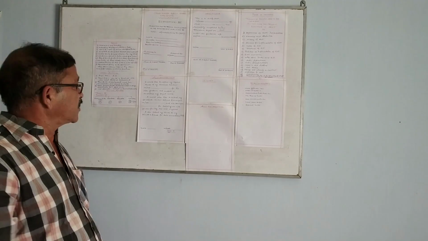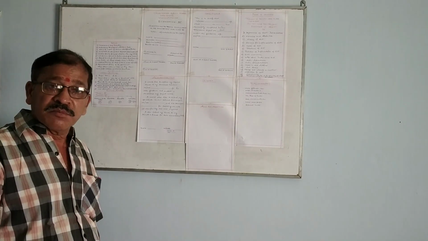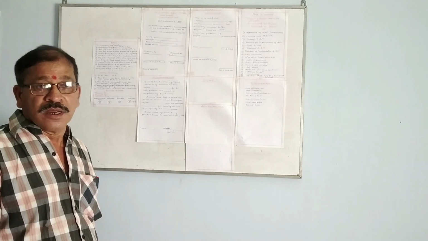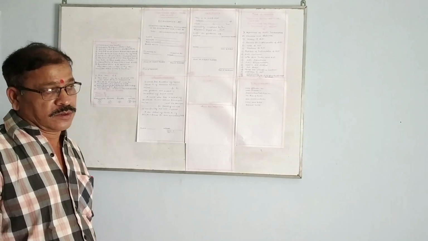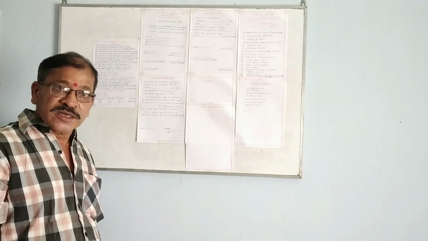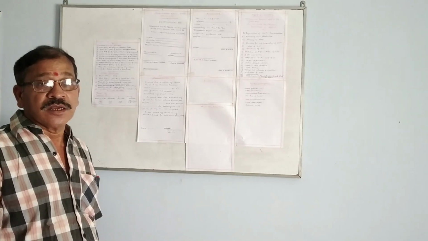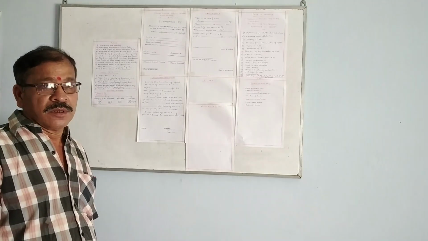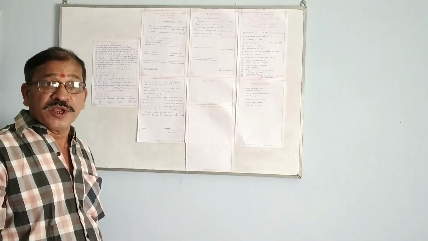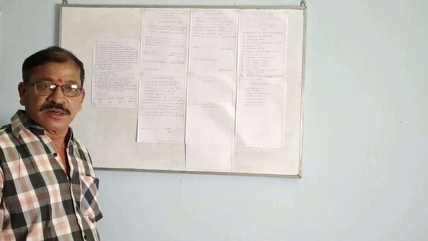Then for the rest of the pages, the contents must be written by your own hand. And when you write those contents, you must make sure that they are legible. The other person should be able to read what you have written.